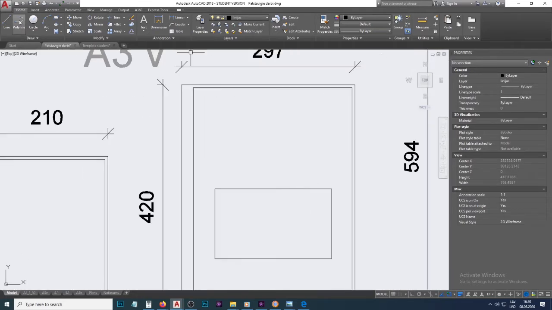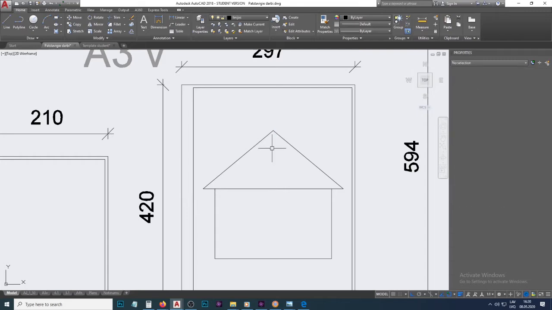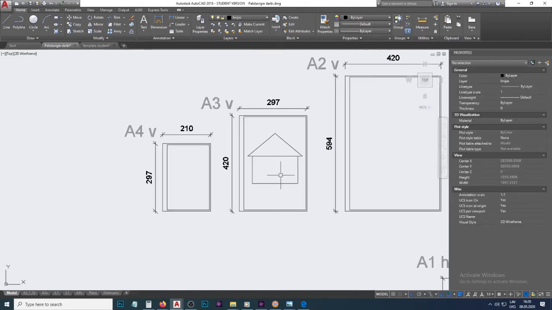Okay, let's draw. From the center, I will make a line 10 centimeters long. From this corner to the right 20 millimeters and up, and from this corner to the left and up. So that's it. This is our roof.